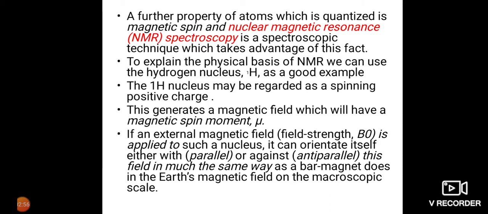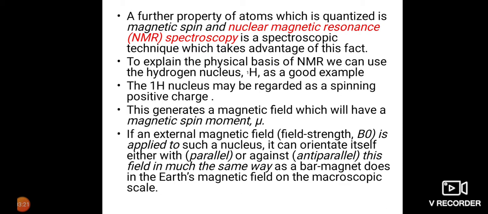Since in nuclear magnetic resonance spectroscopy we talk about nuclear magnetism, we will mainly discuss the magnetic property that is due to the nucleus, that is, the charged proton particle. To explain this better, we take the example of H1 NMR.